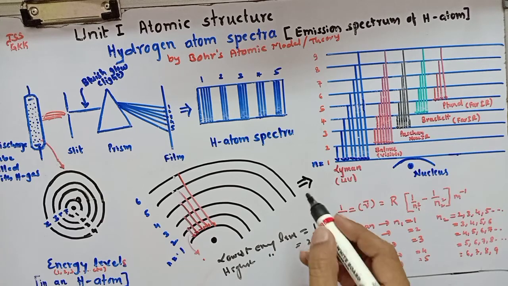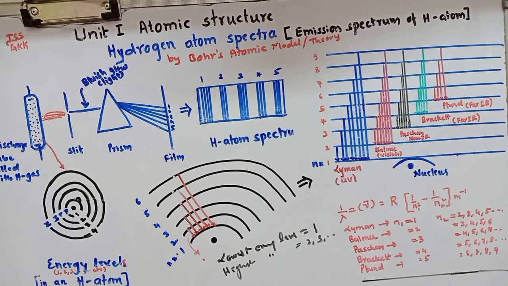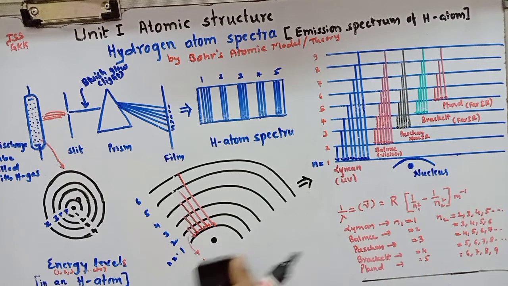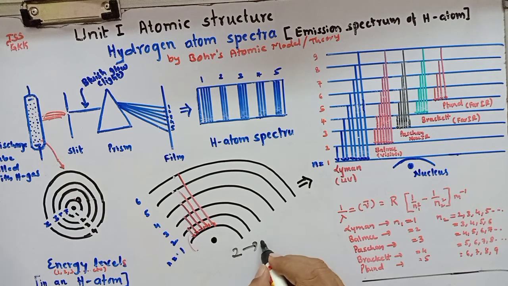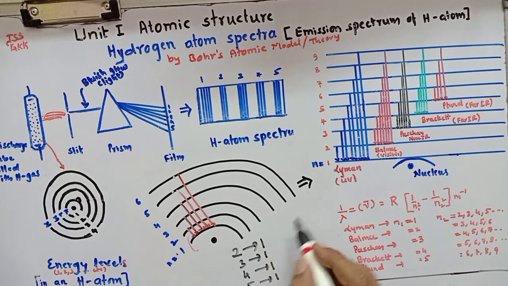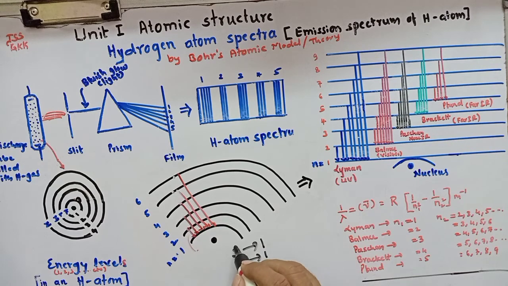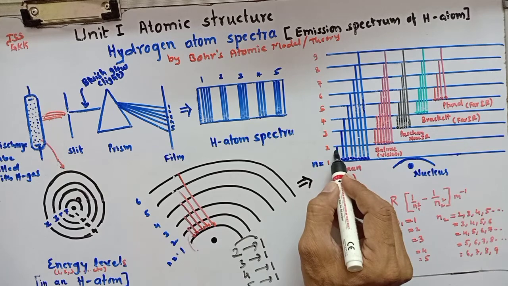Therefore, the transitions of electrons which produce the Lyman series can be represented as 2 to 1, 3 to 1, 4 to 1, or 5 to 1. Here the first spectral line is produced when the electron jumps from the second energy level to the first energy level. This is known as the first spectral line.